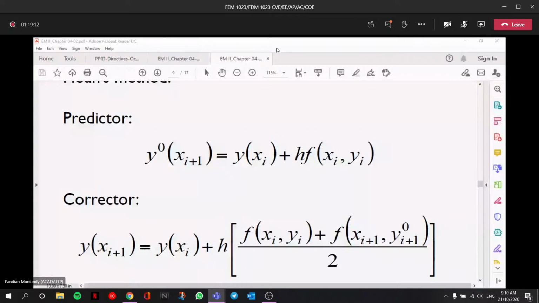So now you calculate 1 plus 1.15368 divided by 2 multiplied by 0.1.